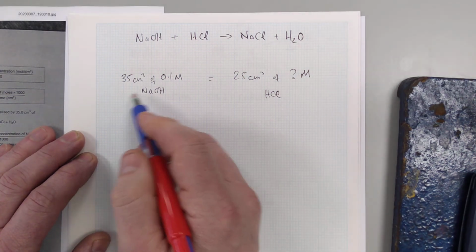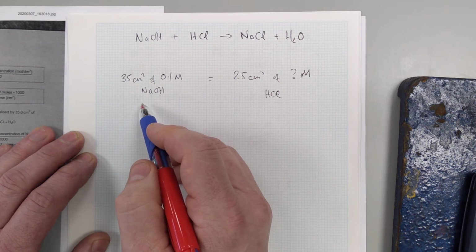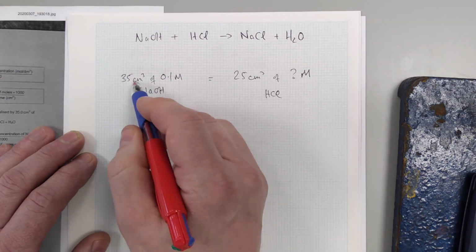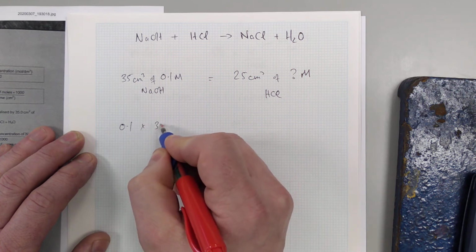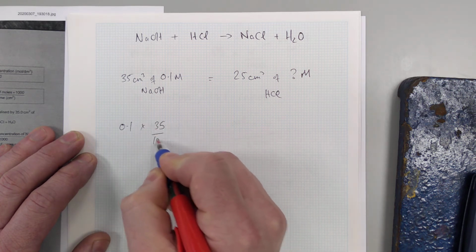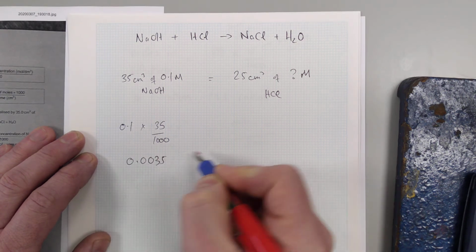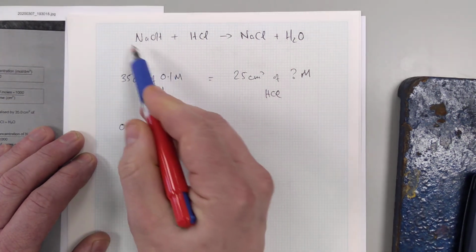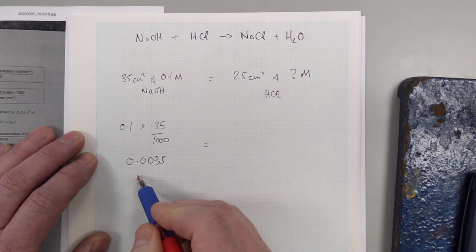So you can work out the number of moles of the sodium hydroxide using the M times V over 1,000. So we've got the M and the V. So 0.1 times 35 divided by 1,000, and that would equal 0.0035.